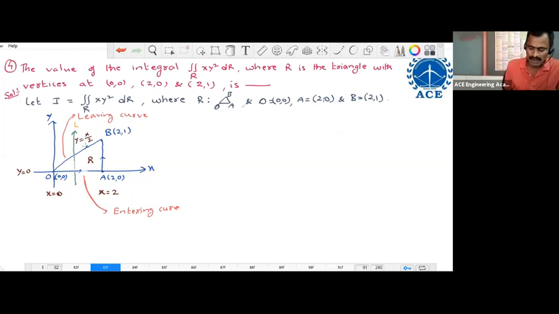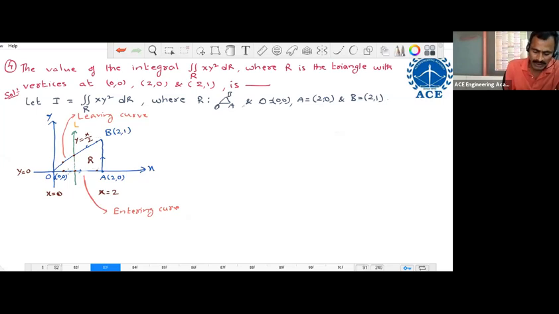Now this line is drawn at some value of x. At this x, y changes from this point to this point. Suppose I draw the same line at another point of x, y will vary from here to here.